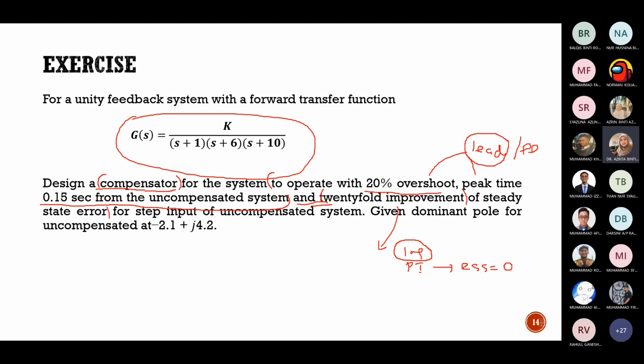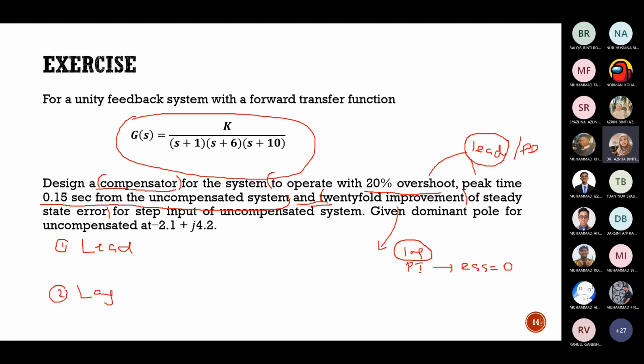Okay, for the lag-lead controller, we already learned. First we will design the lead compensator. To design the lead compensator, since in this question the location of Z lead and P lead is not given, you need to choose it by yourself.